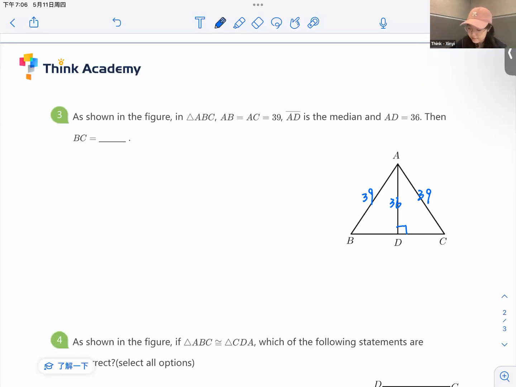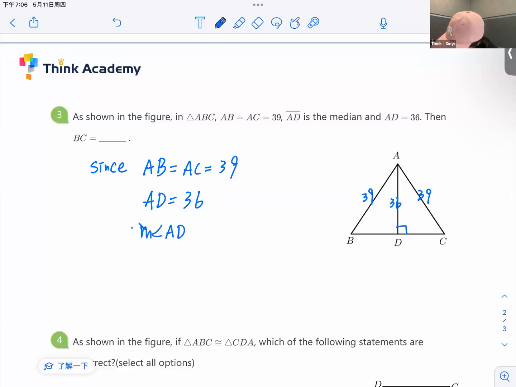Okay, so all these 3 line segments are just one in this isosceles triangle. And now we have BD. Since AB equals AC equals 39, and we also have AD equals 36, and we know that angle ADB equals angle ADC equals 90 degrees.